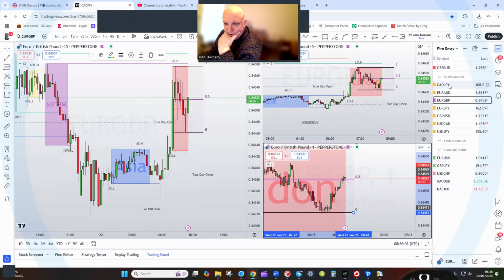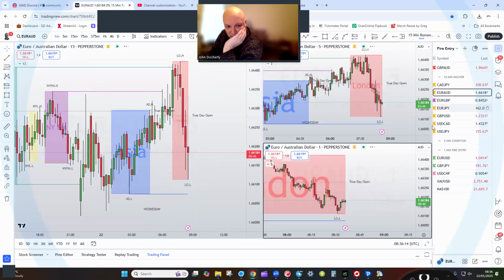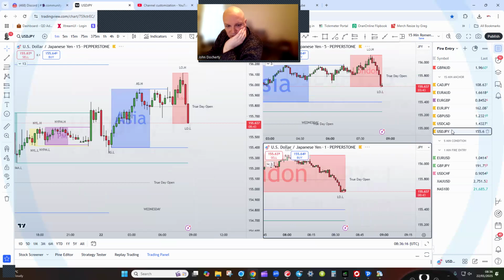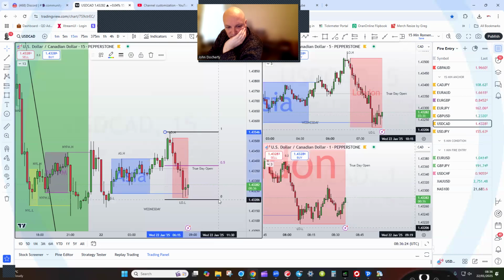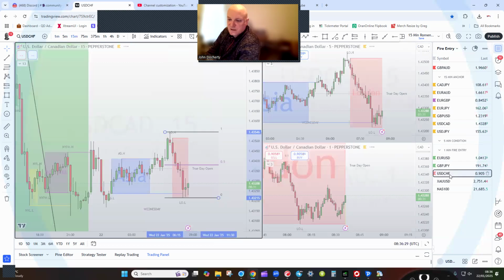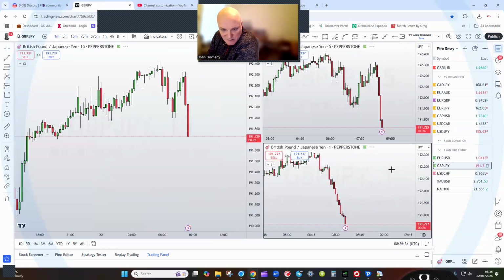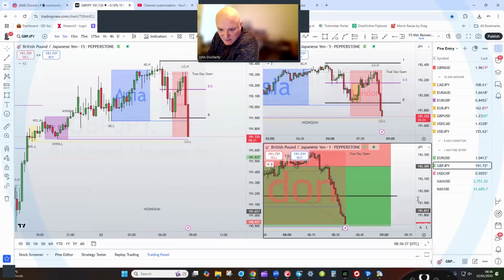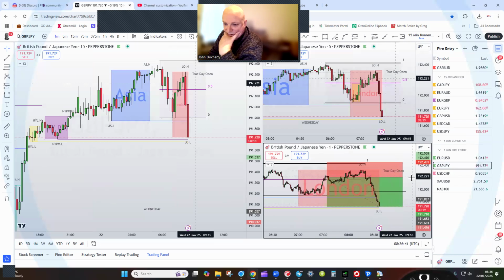Was it the CAD JPY I was waiting on? Let's have a look. No. Euro odd. No. I think it wasn't that. USD card. Set up there. USD Swiss franc. GBP, JPY. 2% almost hit on that, guys.